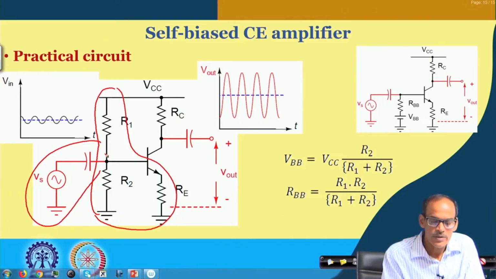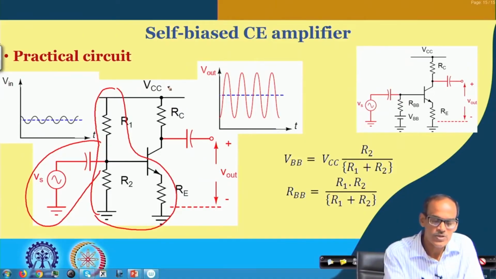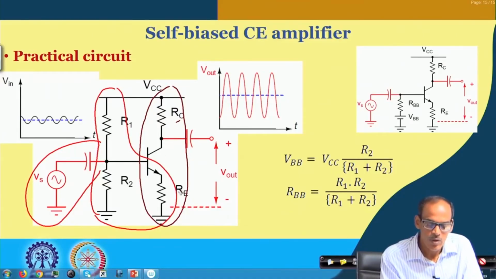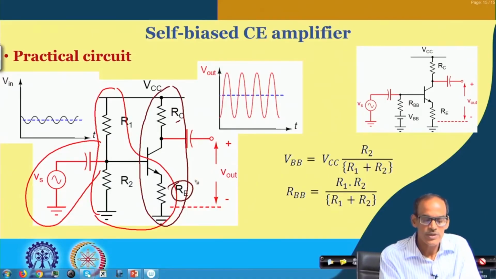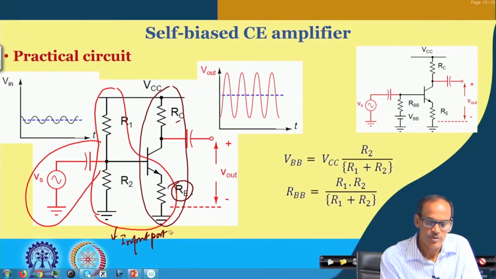The output port, on the other hand, consists of the collector resistor, transistor, and also this emitter resistor. So, you need to see that this emitter resistor is part of the input port as well as the output port.